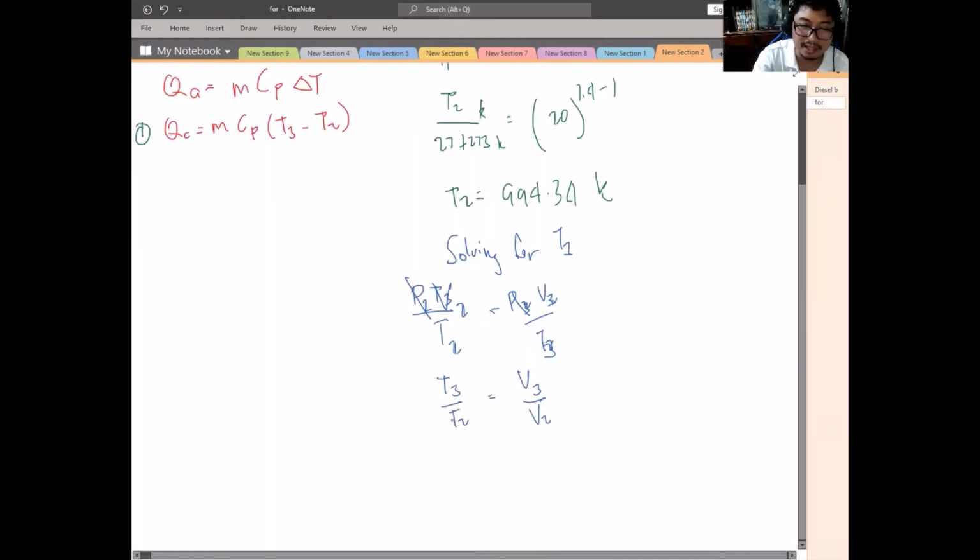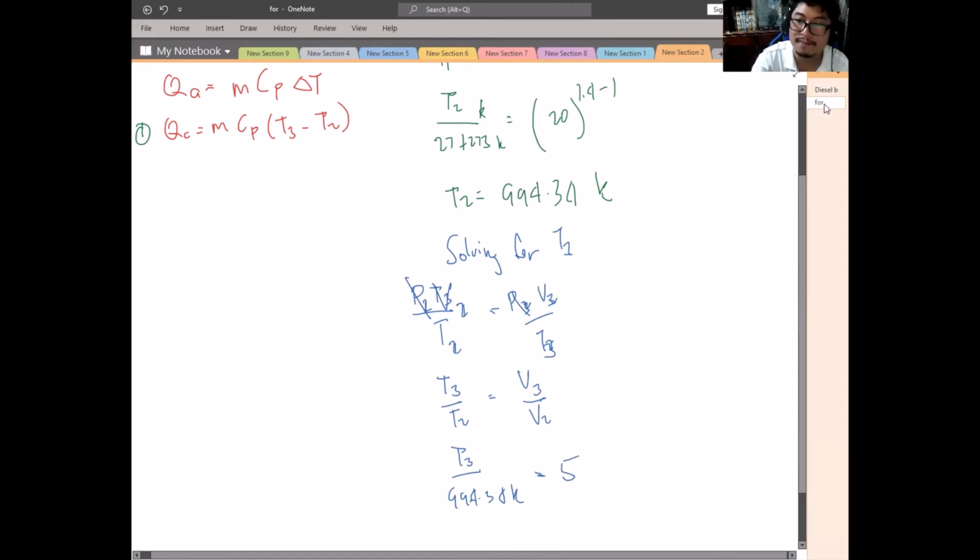T3 is unknown, and T2 was obtained earlier, that is 994.34 Kelvin. V3 over V2 is equal to your cutoff ratio, which is 5.